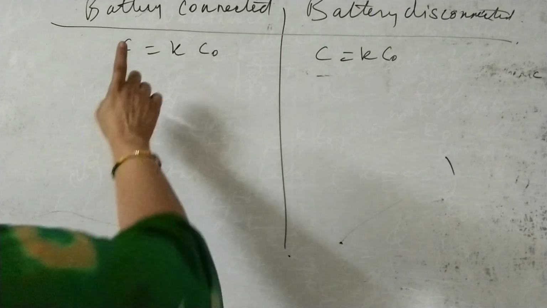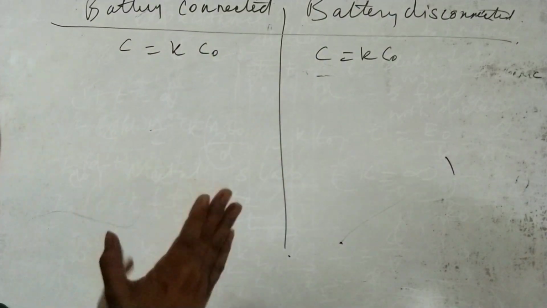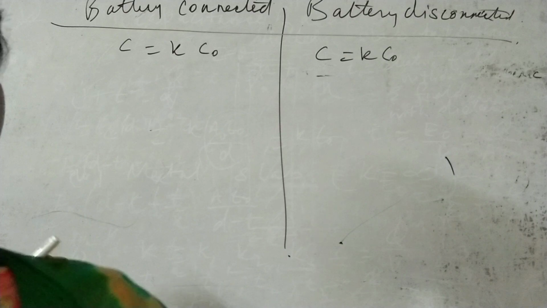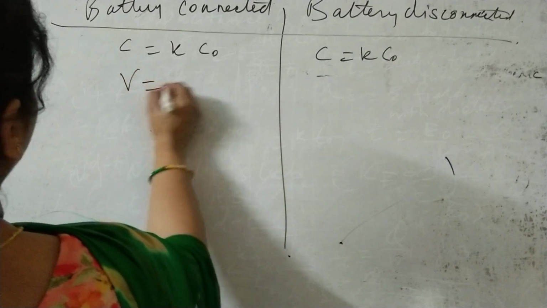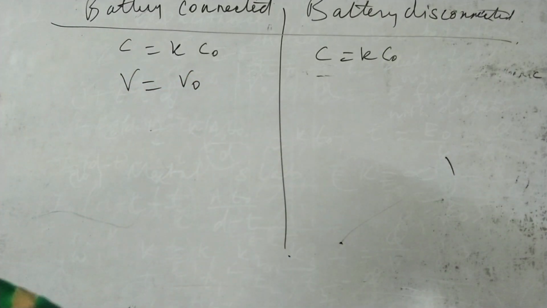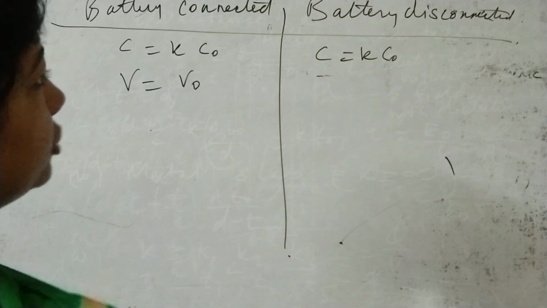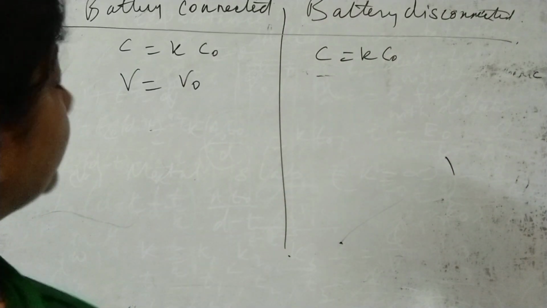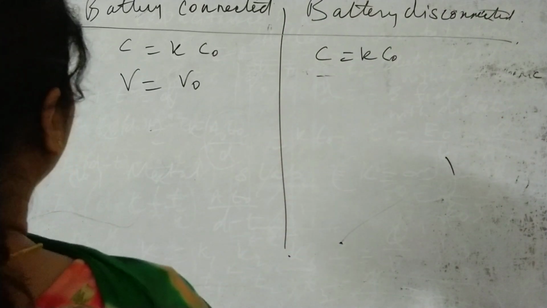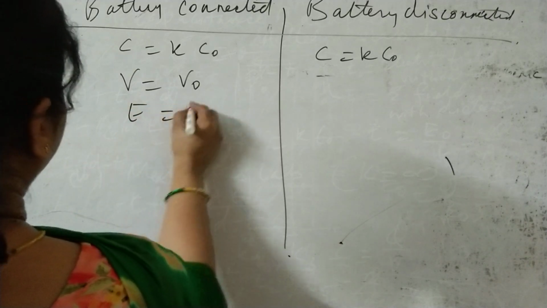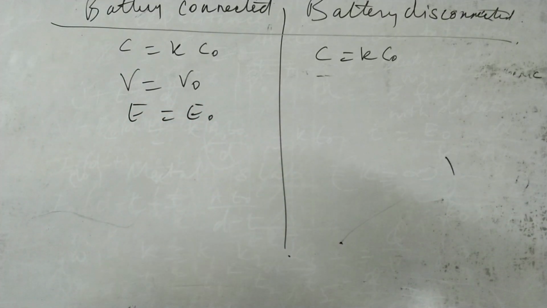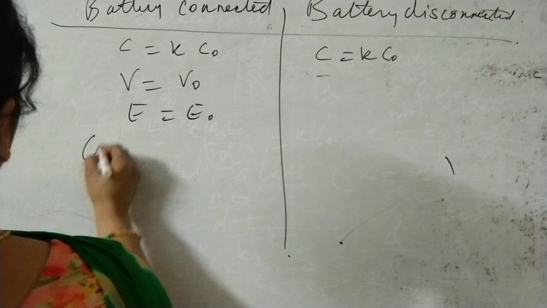So there is no change in the capacitance. Here, with the battery connected, the potential difference remains the same: V equals V naught. But here there is a change: V gets reduced. Here the electric field is the same. What is not the same? The charge.